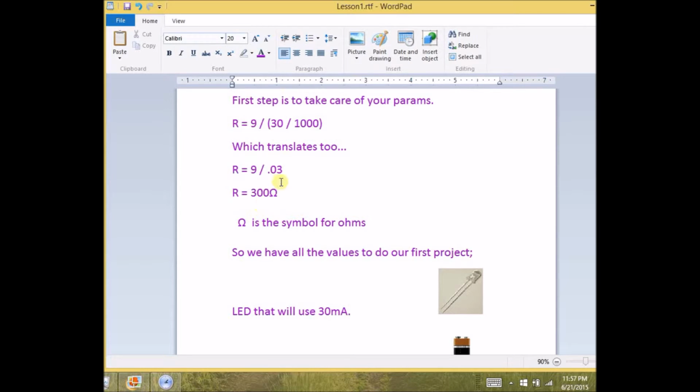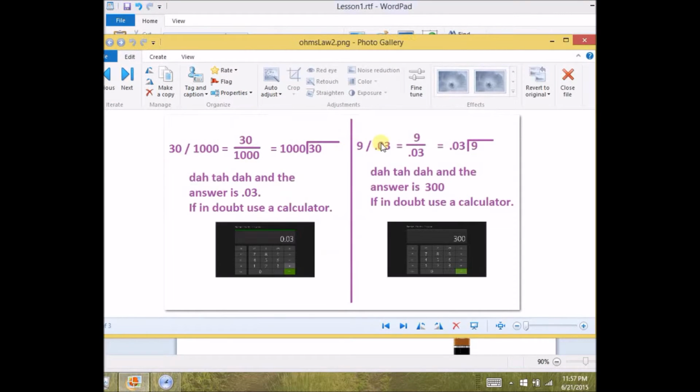Okay, so once we have our calculations set down, then the next one we need to do is 9 divided by 0.03. And of course, if we go back here, we're saying 9 divided by 0.03 equals 9 over 0.03, and we calculate it out to 300.